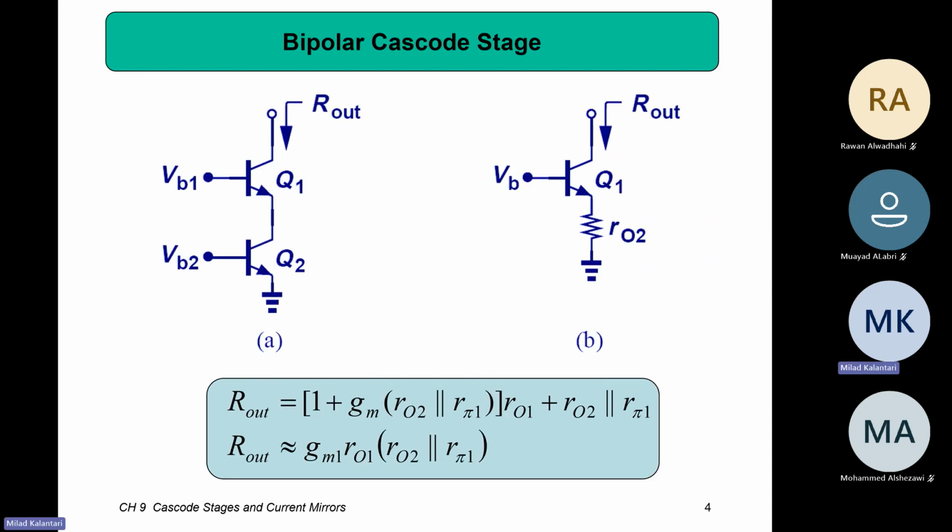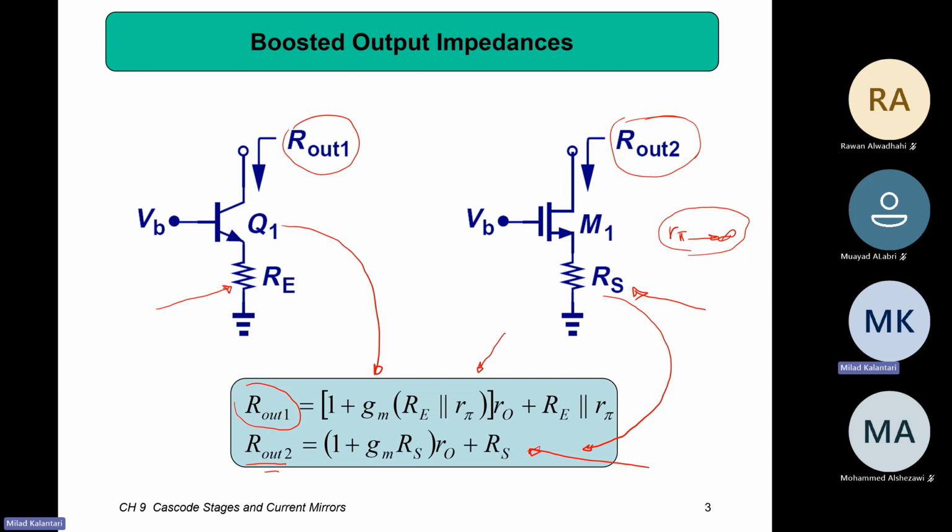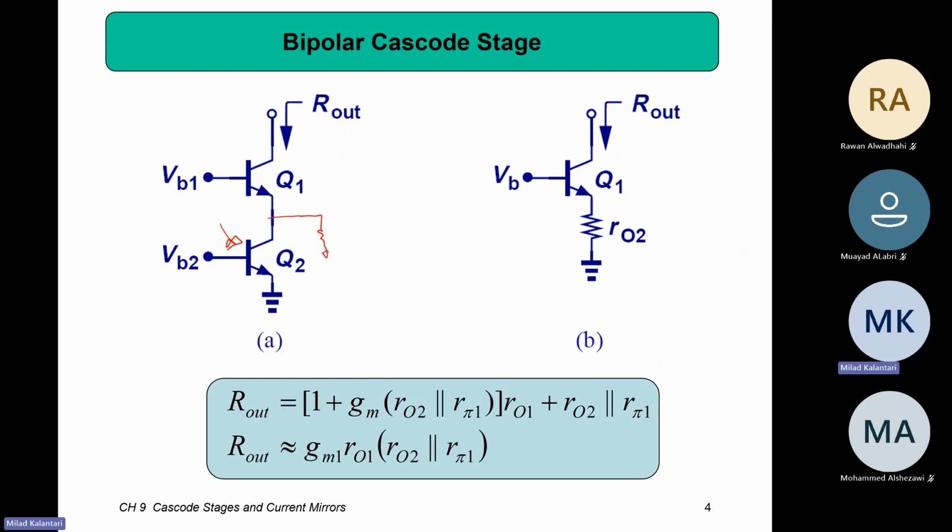So what if, instead of adding some RE over here, we just put another transistor? What would be the R out? It is similar to this, right? We just change this RE with another transistor, Q2.